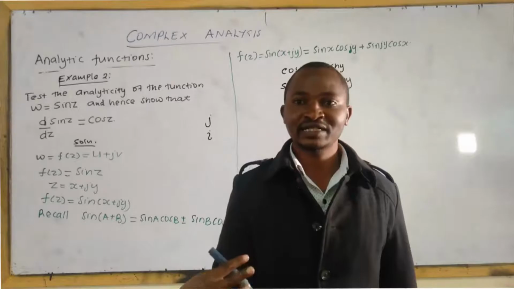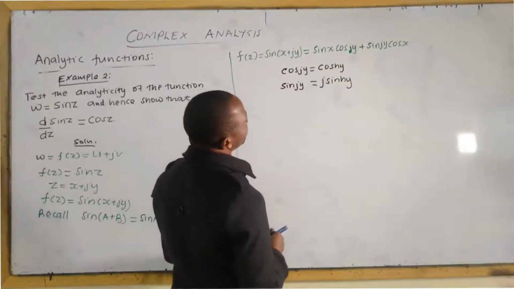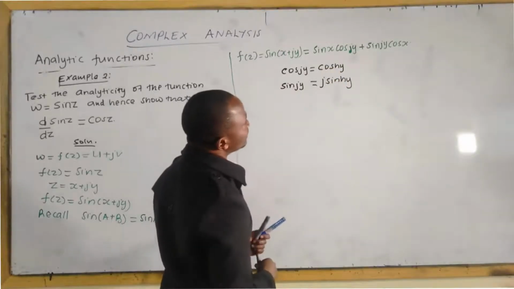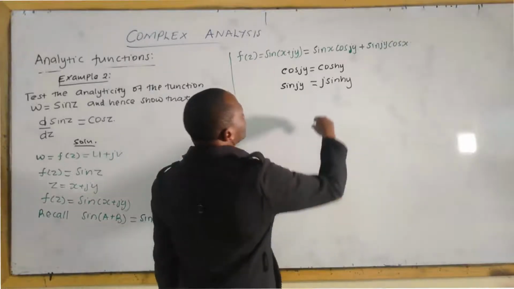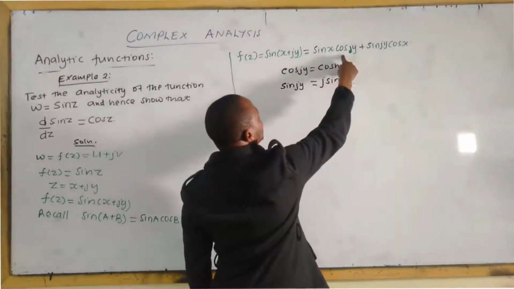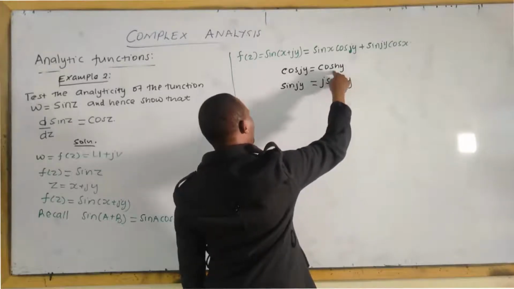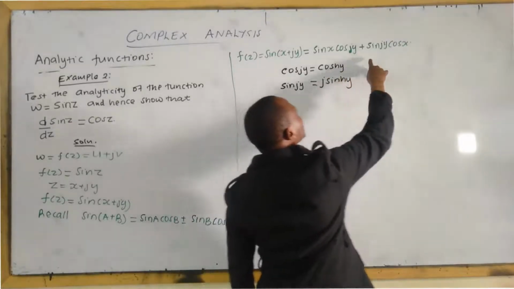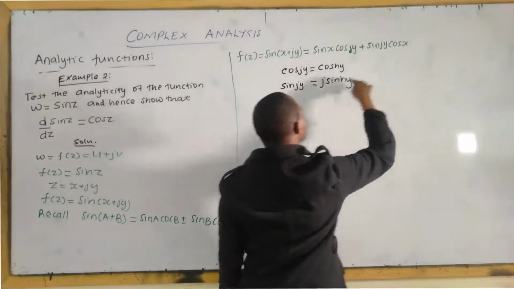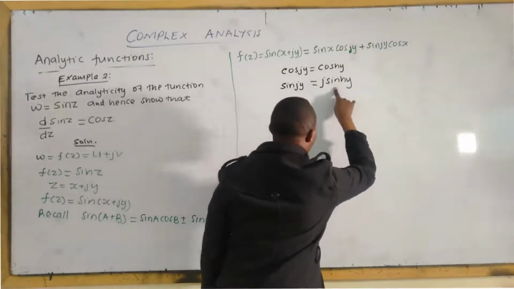I might interchange at some point. So when I interchange, notice there is no difference. Now, we can substitute cos jy with cosh y. We can substitute sin jy with j sinh y.